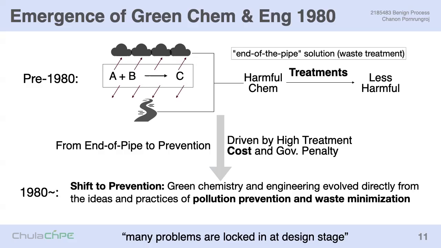So that's the key concept that this class will talk about. We'll talk about the way we think, how we shift from the treatment itself to preventing waste from being created in the first place, and also if it is to be created, how can we minimize the waste?